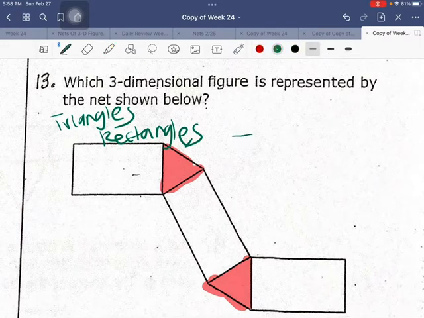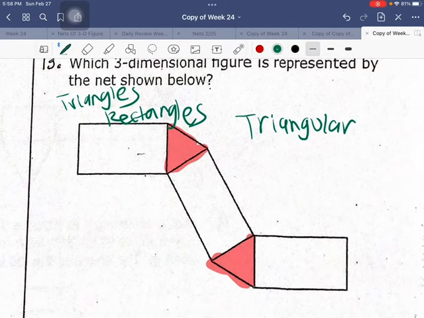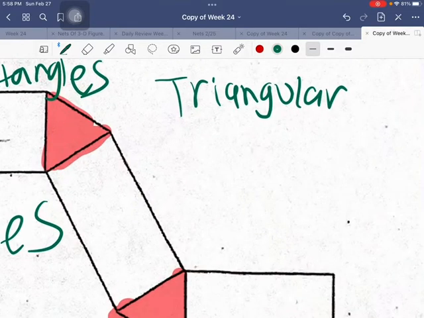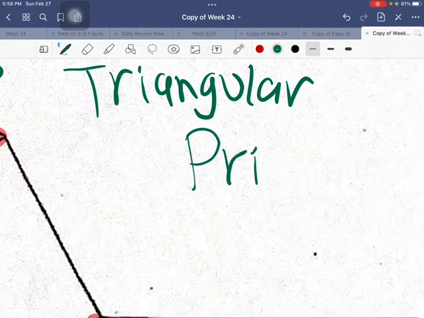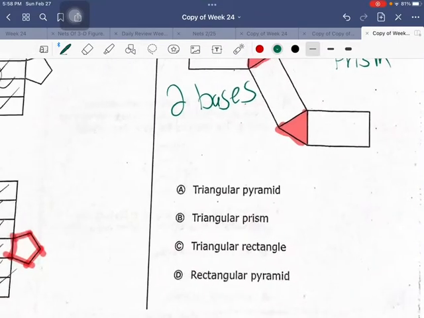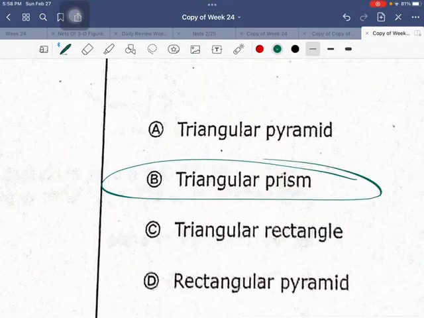Triangles, so this is going to be triangular something. It's either going to be prism or pyramid. There's nothing more to it. Now, how many bases do I have? 2 bases. That means what? This is going to be a prism. So this is my answer.